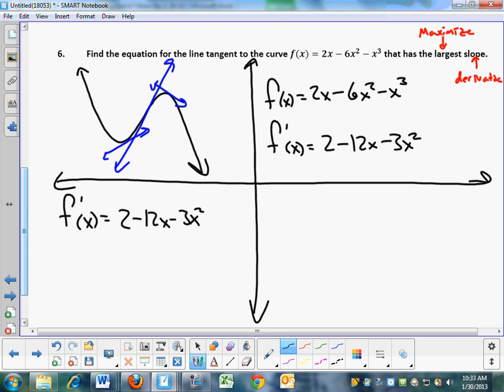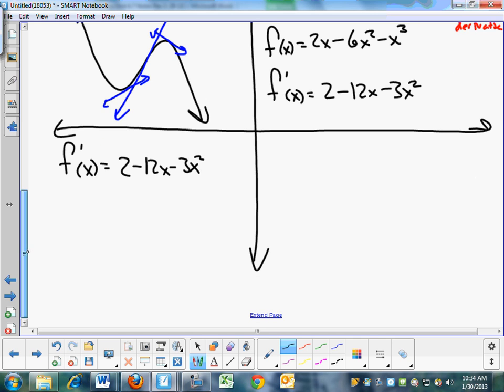Hold on, guys. Maybe you're right, but I think that you're confused. We need to take the derivative again.